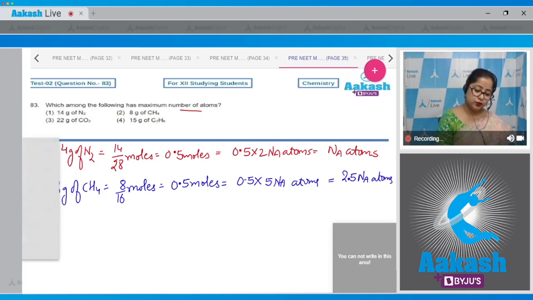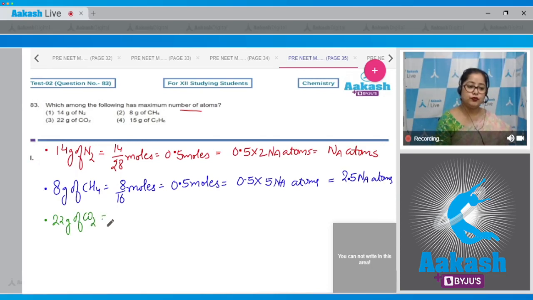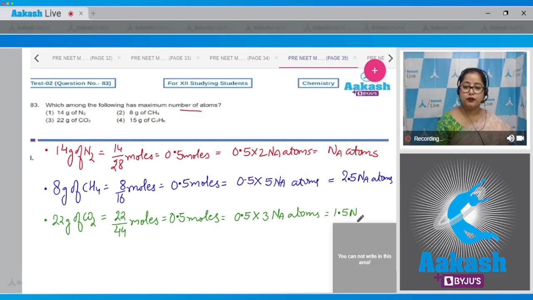Moving to the next option, 22 gram of CO2. So student, let's again calculate number of moles of CO2. So 22 upon 44 moles, which is equals to 0.5 moles. So 0.5 multiplied by 3 Na atoms, which is equals to 1.5 Na atoms.